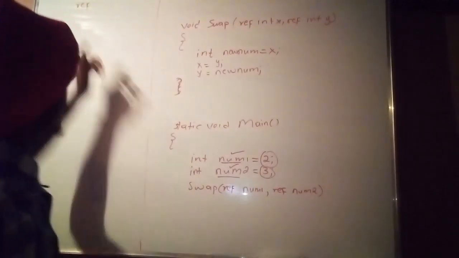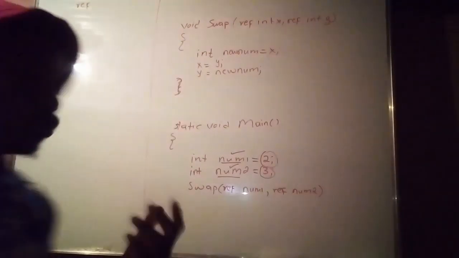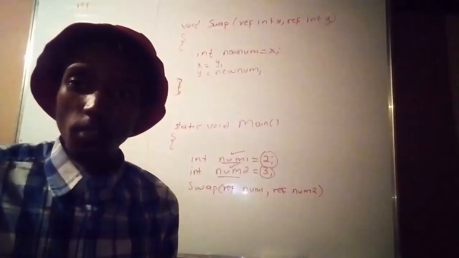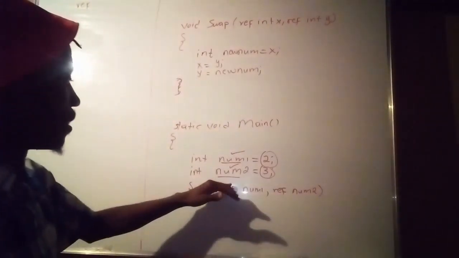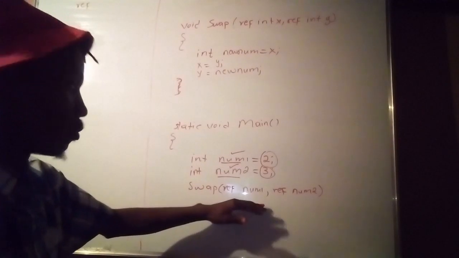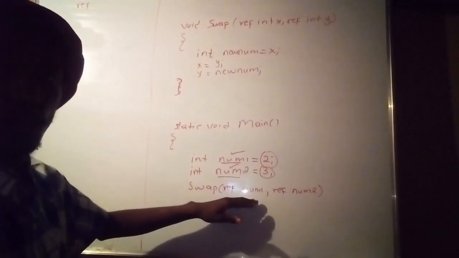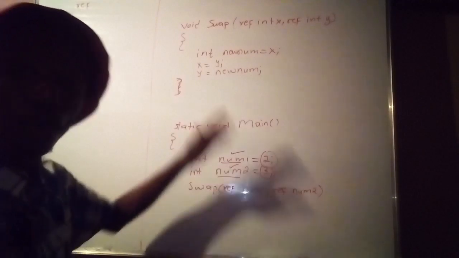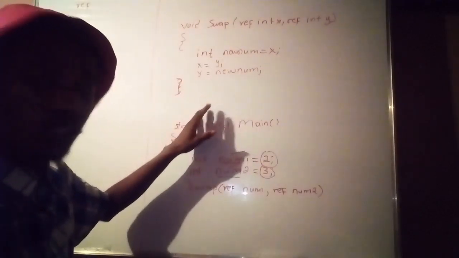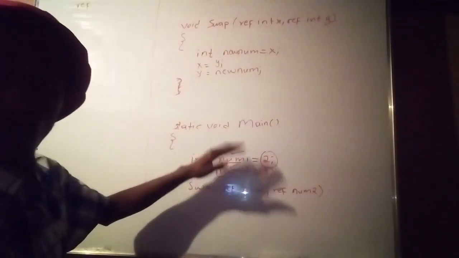So this ref keyword is used to pass arguments by their reference, which means these arguments can be changed somewhere in the code because they are passed by reference. When you pass them by value, you are passing their copies, so whatever you do on the copies has nothing to do with the actual values.